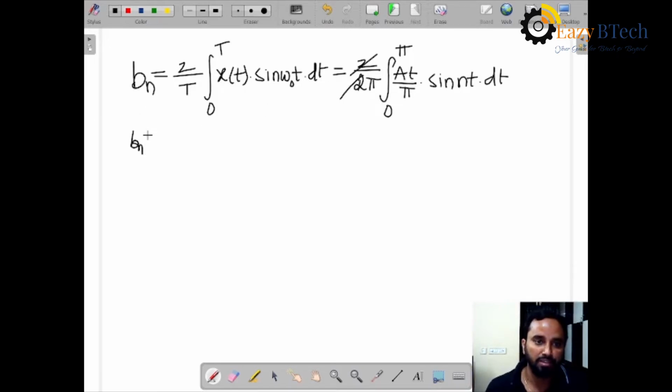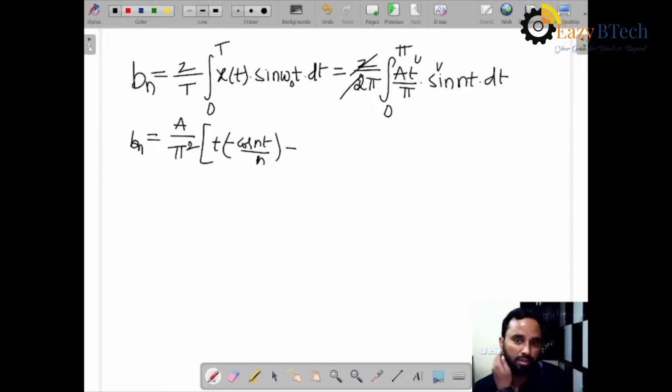Let's do this integration, and the 2 gets cancelled here. So b_n is equal to a by pi square, again using the u v formula, where u is t and v is sin nt. The integral of sin is minus cos nt by n, and minus u dash, the derivative of t is 1, times the integral of v, minus cos, again the integration of cos is sin. So here you get plus sin nt by n square.